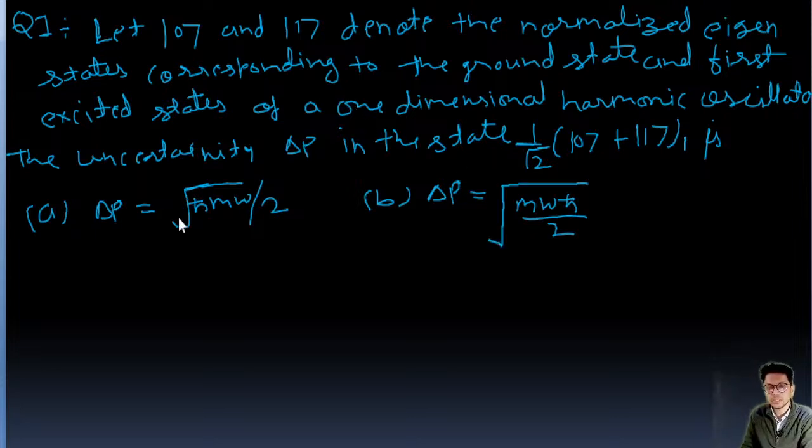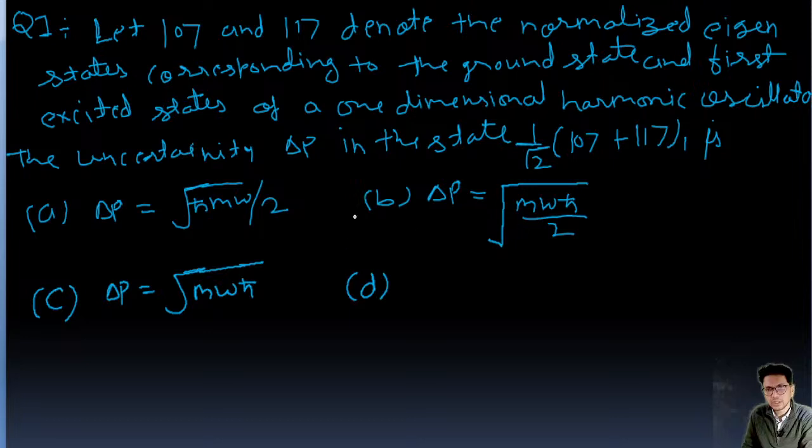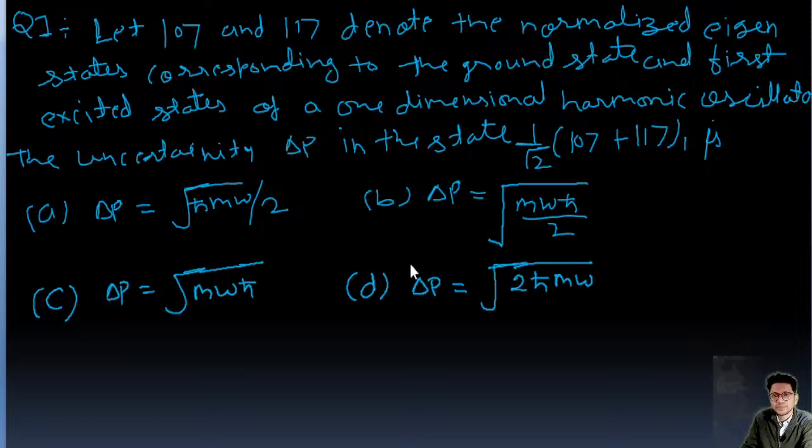Option C is delta P equal to root m omega h cut, and option D is delta P equal to root 2 h cut m omega. Okay, so these are the options which are given.